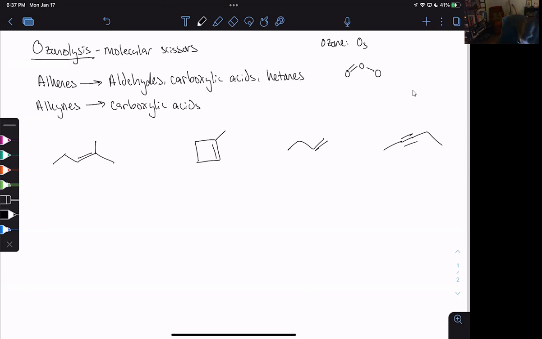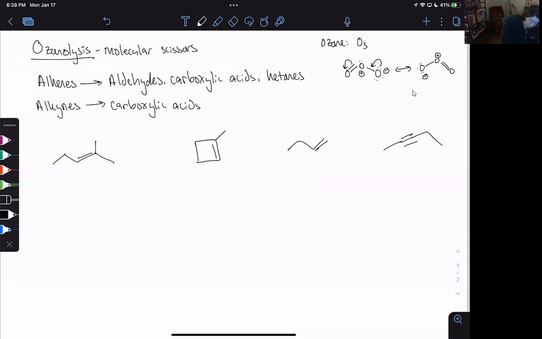That means this oxygen now has a positive charge, and this one would have a negative charge. That's the structure of ozone. Obviously, you've got electron delocalization, so you've got a resonance structure that you can draw here. We do have some delocalization, but that is the structure of ozone that we're going to be working with.